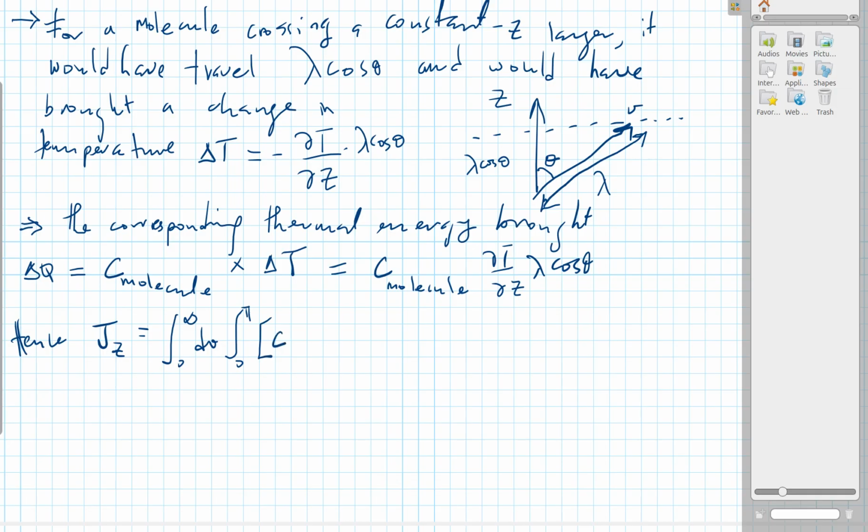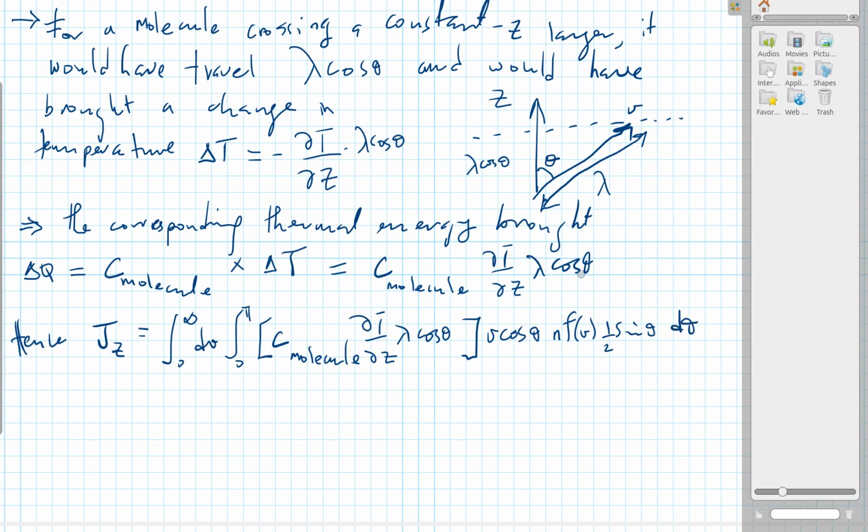So I'm going to chuck it in: C molecule partial T partial z lambda cos theta times all the number of molecules crossing the area per time. That we have derived; you can go back and look at it again. V cos theta n of V dV is over there, times 1 over 2 sine theta d theta.